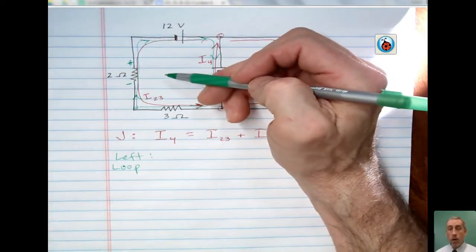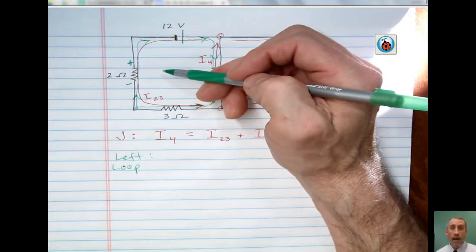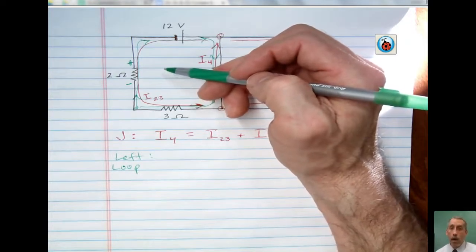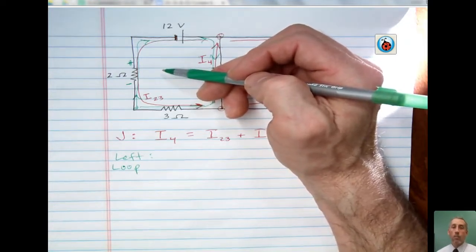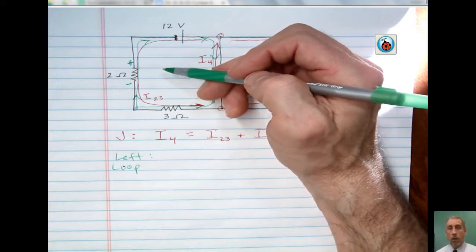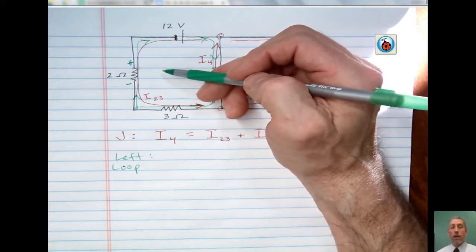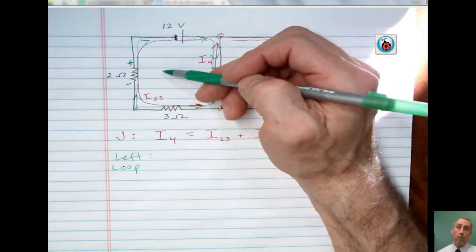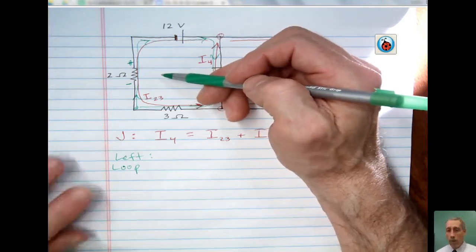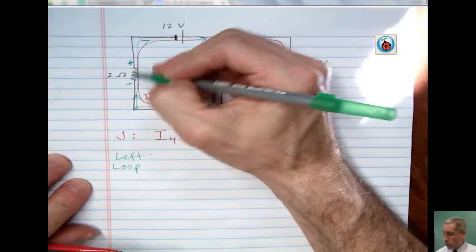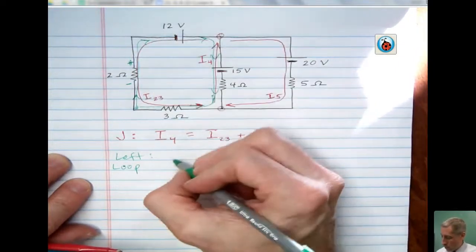That's if the current is flowing in that direction, which remember, I never knew going into this whether it was or not. I'm just imagining that that's what it could be. When it all is said and done here, I may find that I'm going to get a negative sign on my answer. That just tells me I chose the wrong direction, and you'll see that happen when I get to the end. So this would be a jump as I'm going through it here.